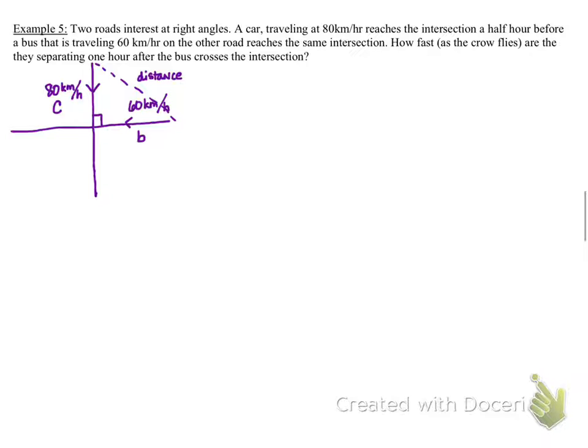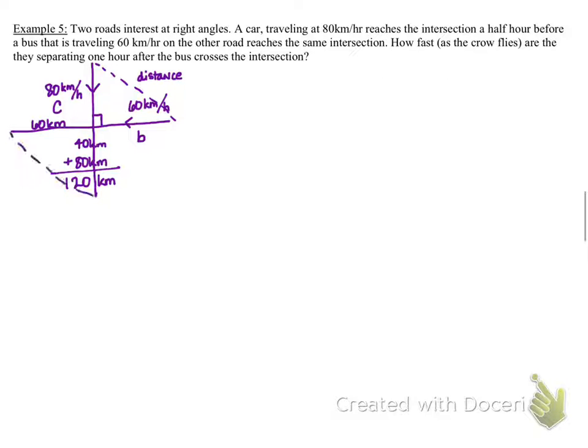Well, the bus crosses the intersection when the car has already driven 40 more kilometers, and after an hour it has gone 80 more kilometers. So after that hour, the car has driven 120 kilometers and the bus has driven 60 kilometers.